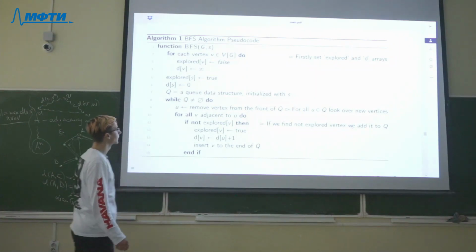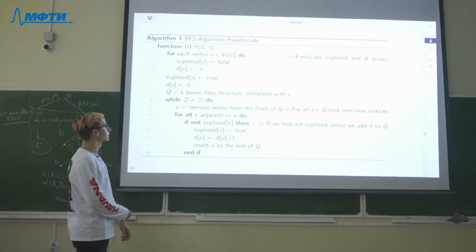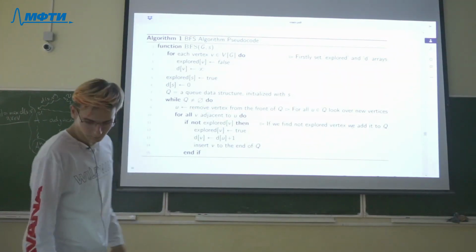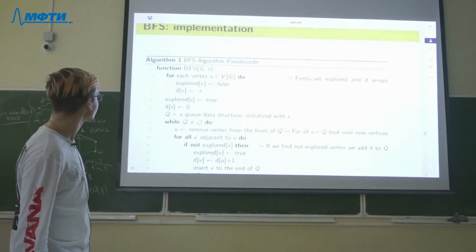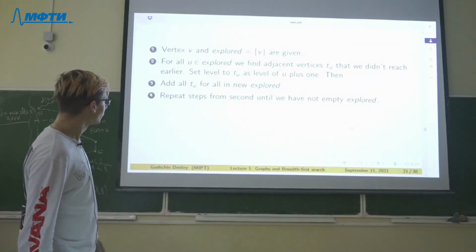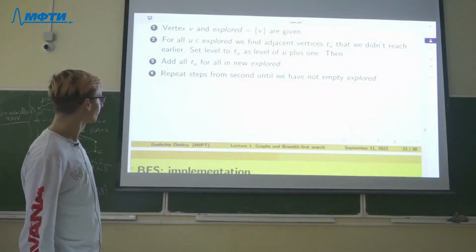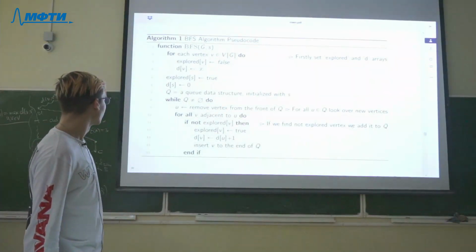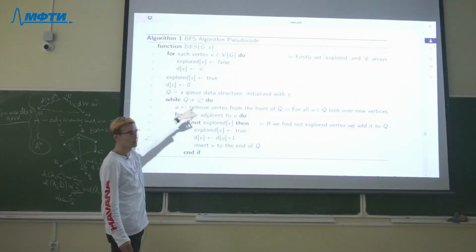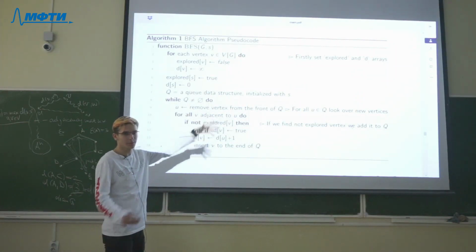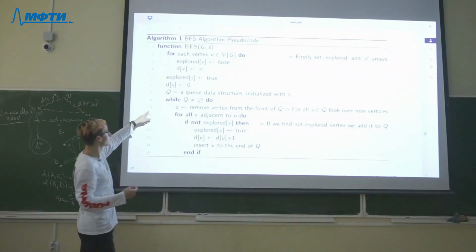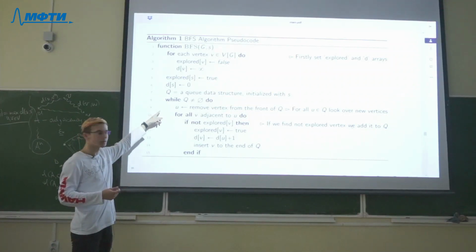Then we use Q as a structure, as a model for explore. Initially Q contains only S. Then we pop S, as it says in row 9.